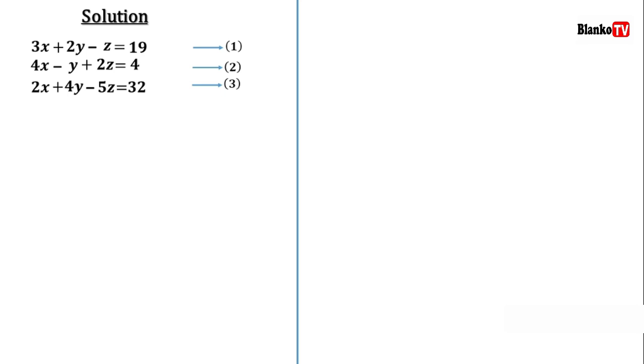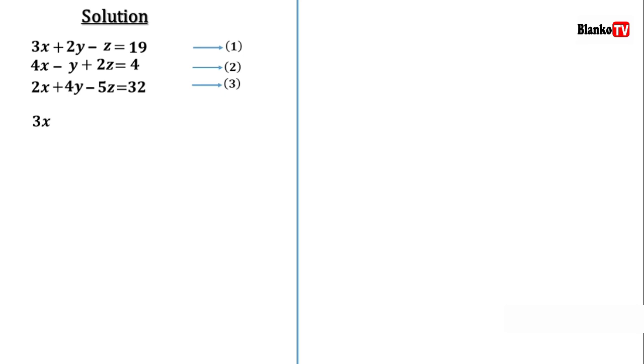Okay, so we take a pair of the equations and then eliminate one of the variables. So we are going to take equation 1 and then equation 2.